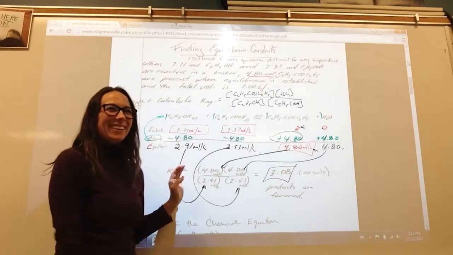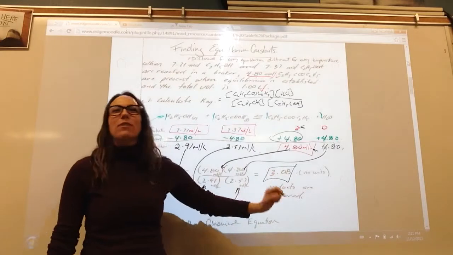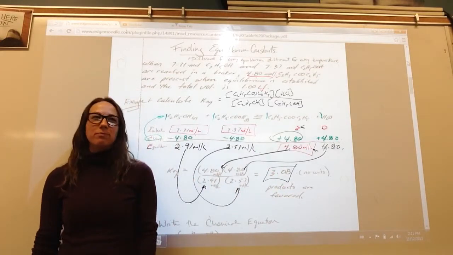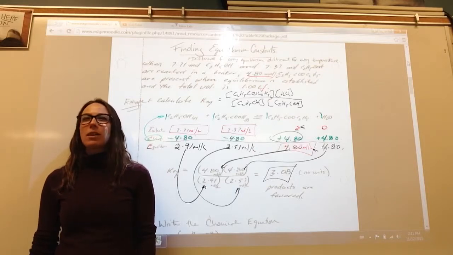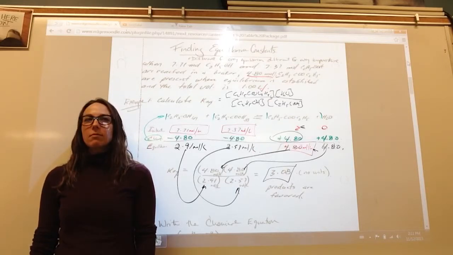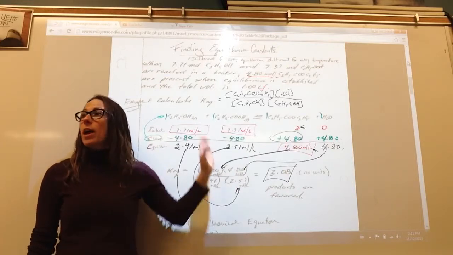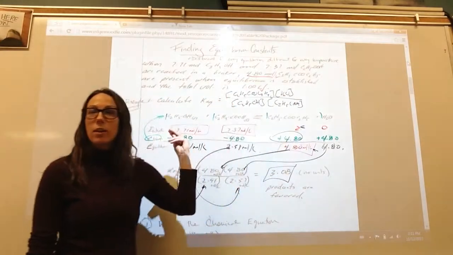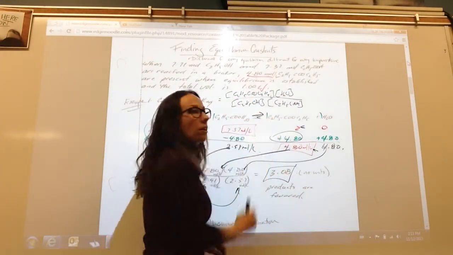Okay, then it says products are favored. What does that mean? And how did they know? What does it mean that products are favored? In the end at equilibrium, I have more products than I do of reactants. Or if I was redrawing these arrows, I could draw that big and this little.